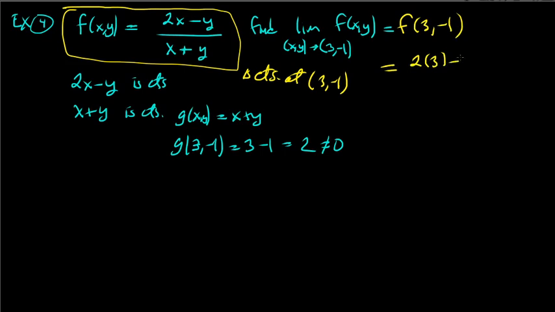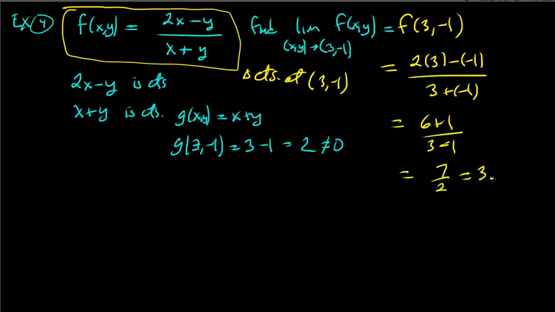So 2 times 3 minus -1 over 3 plus -1. So 6 plus 1 over 3 minus 1, we just get 7 over 2, 3.5.